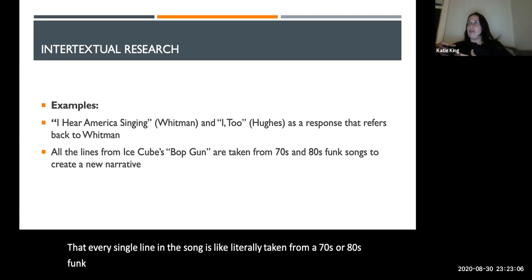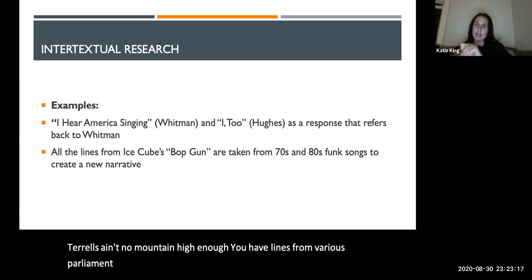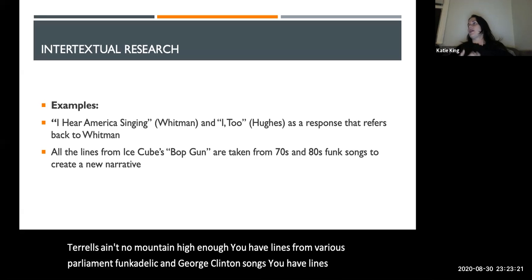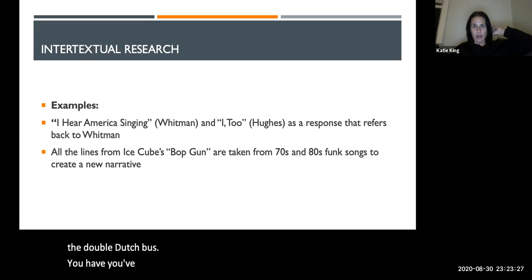that every single line in the song is literally taken from a 70s or 80s funk song. So you have lines from Marvin Gaye and Tammi Terrell's Ain't No Mountain High Enough. You have lines from various Parliament, Funkadelic, and George Clinton songs. You have lines from the Double Dutch Bus. You've got all kinds of stuff.